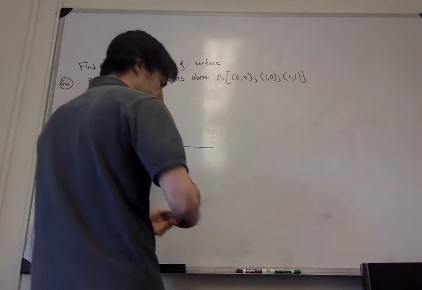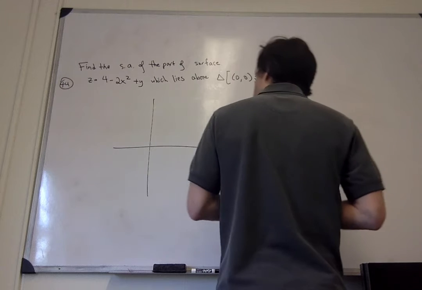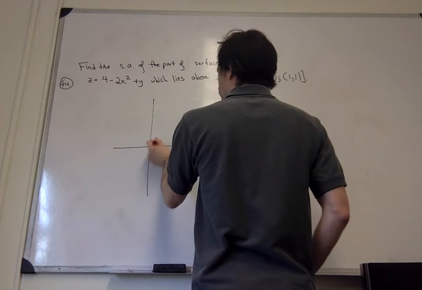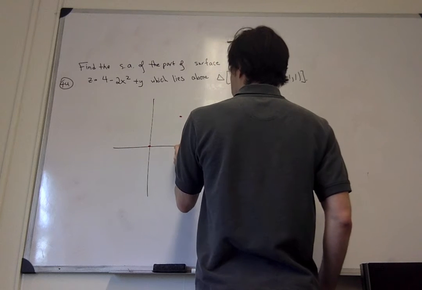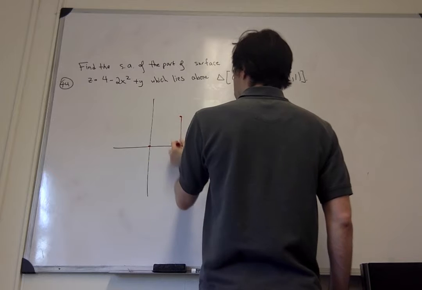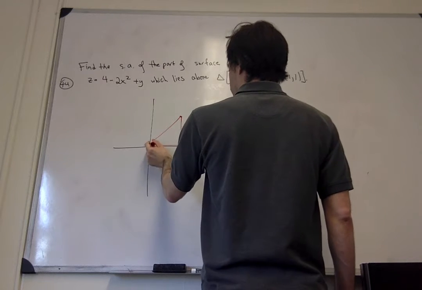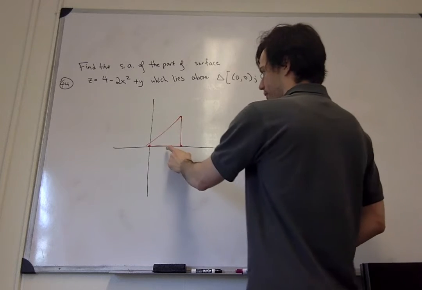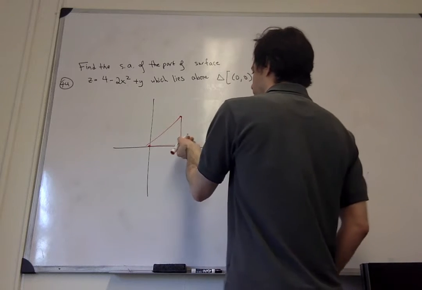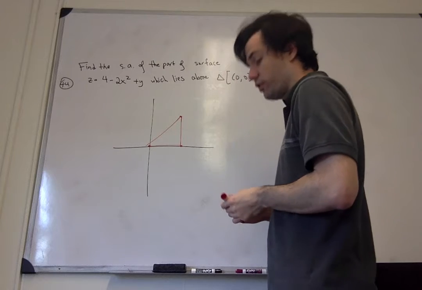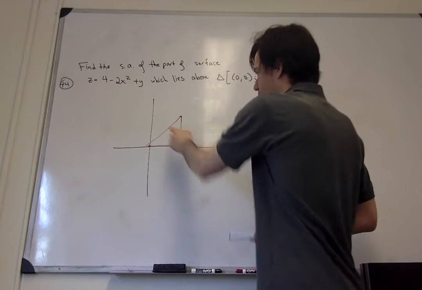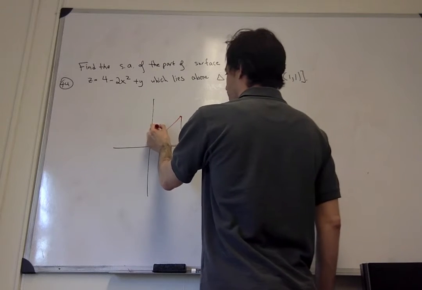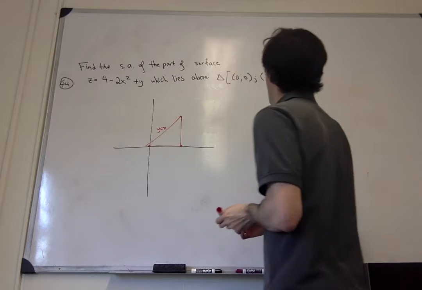Here are the points that make up my triangle, and these two curves, well, you know what they are. This right here is y equals x.